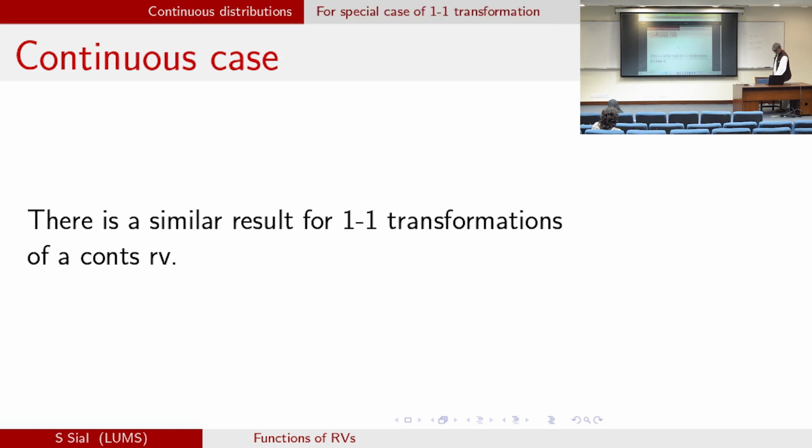In the special case of a 1-to-1 transformation, we have a similar result. For more general transformations, it might be easier to first find the CDF for Y, and then take its derivative to find the PDF for Y. We'll do that later. Let's first do the special case of a 1-to-1 transformation.